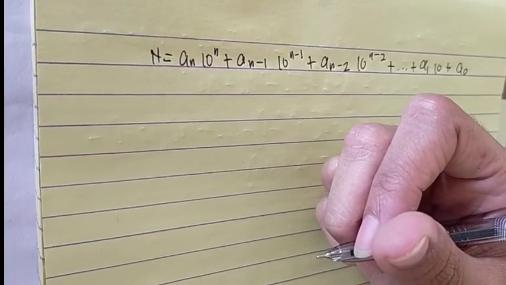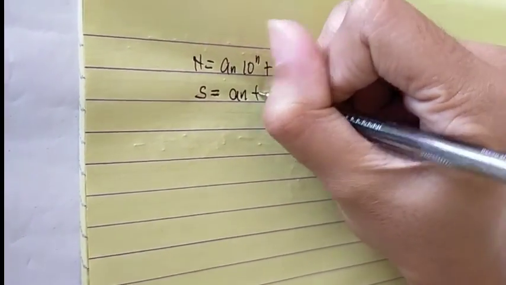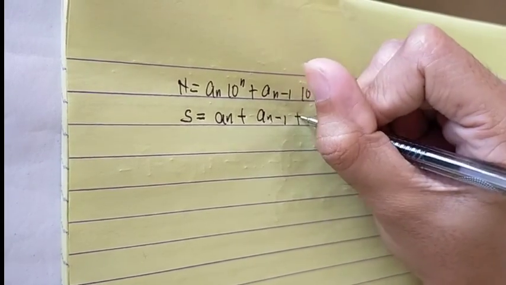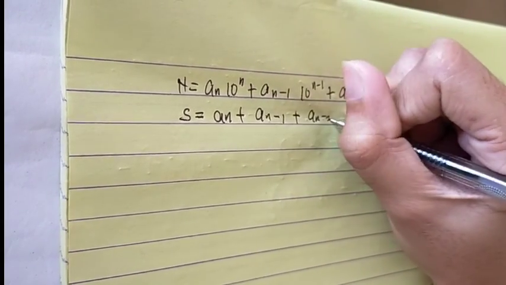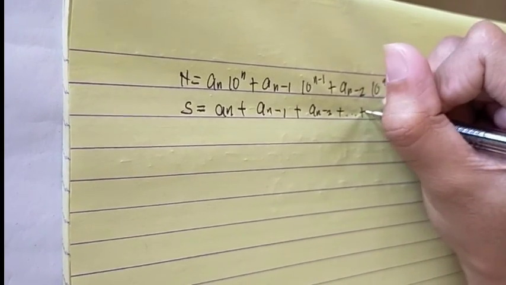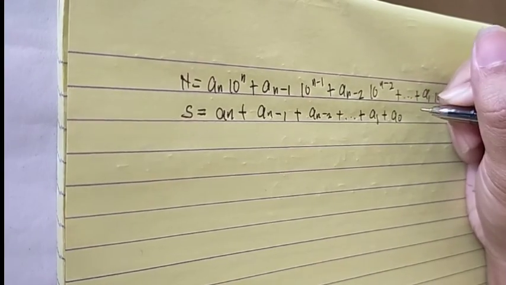Then let S be the sum of the digits. S equals a sub n plus a sub n minus 1 plus a sub n minus 2 plus ... plus a sub 1 plus a sub 0.